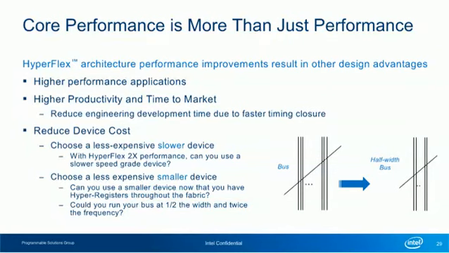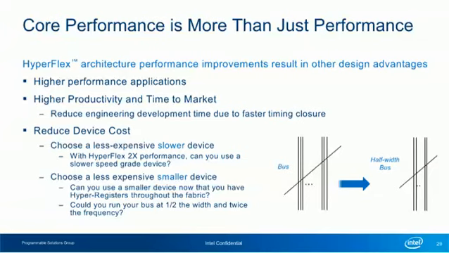It can also be used to reduce engineering development time by making it easier to close timing. This increases designer productivity and can potentially reduce time to market. And 3. Under the category of reduced device cost, the increased performance may allow the use of a slower speed grade device, reducing the cost of the solution.